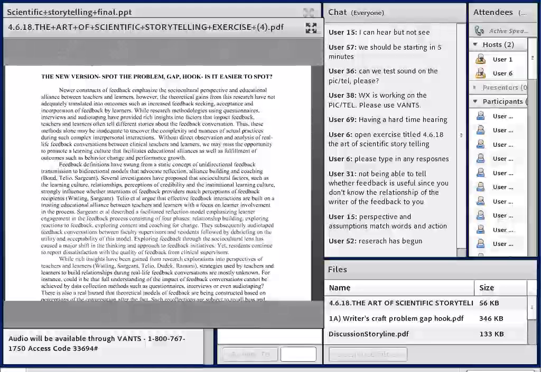So now, how did you feel about that? Fortunately, I love constructive feedback, so it's great. So read only the first paragraph, which starts with "newer constructs" and ends with "performance growth." I want to challenge you to find the problem, gap, and the hook all in the first paragraph.